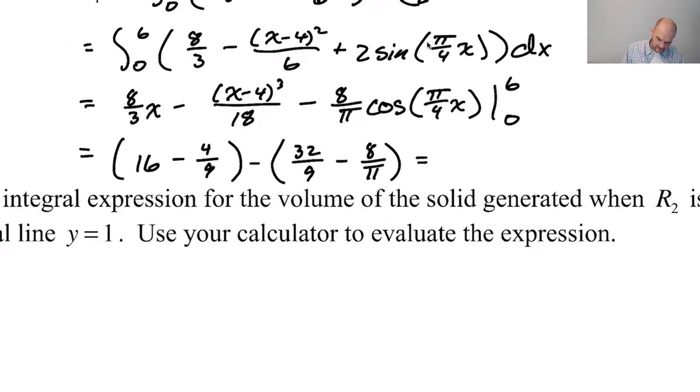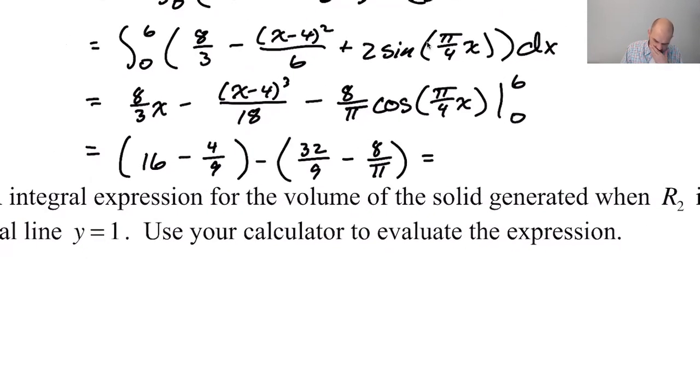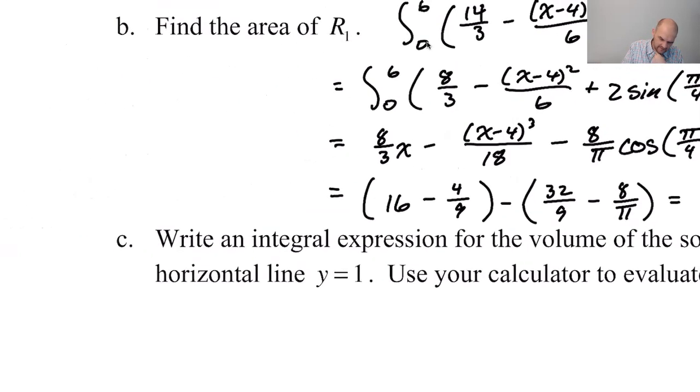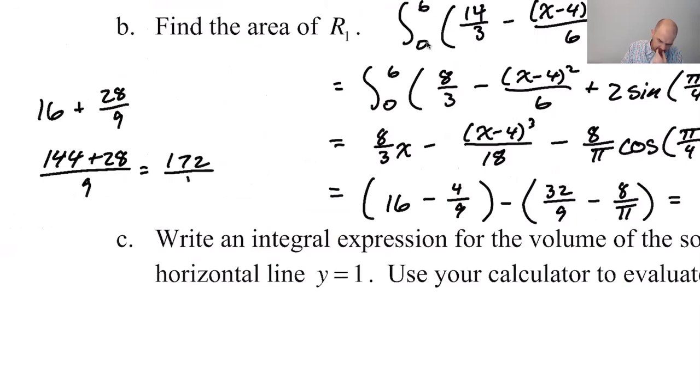Okay, so this is 16 plus 28 over 9. What is that? 144 plus 28 over 9, 172 over 9, which is not divisible.